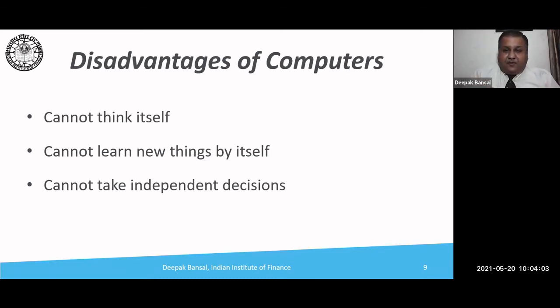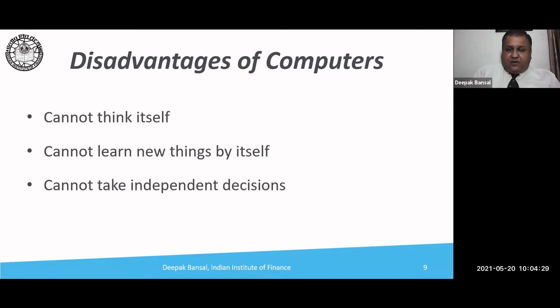Who is going to write the program? A user is going to write the program. So ultimately, it is a user who provides the input or writes a program, and using that program, the computer works. So it cannot be an independent machine. It is dependent upon the program control which runs that machine. So that is, I would say, a disadvantage.